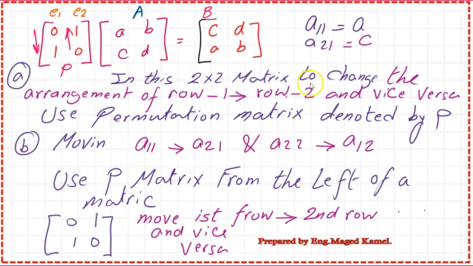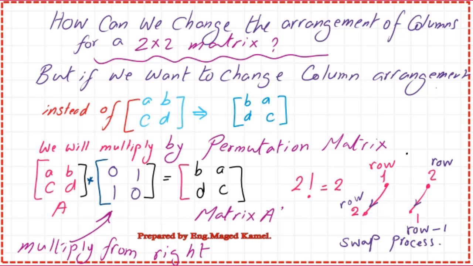So in this 2 by 2 matrix, to change the arrangement of row 1 to row 2 and vice versa, we use a permutation matrix denoted by B. And that permutation matrix is to be multiplied by A from the left side. As we can see, 0, 1, 1, 0. We move to the next slide.